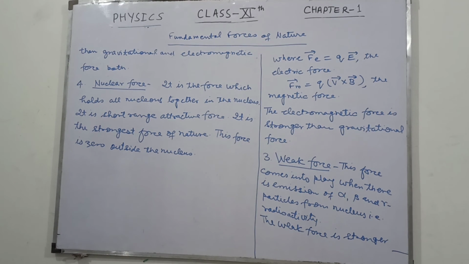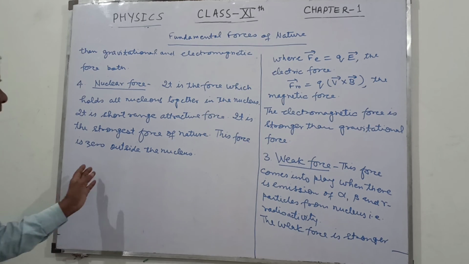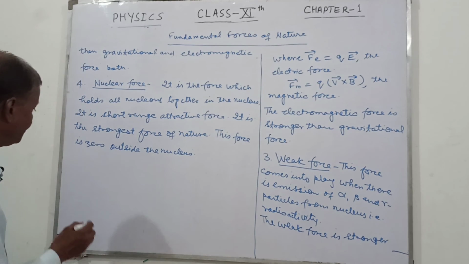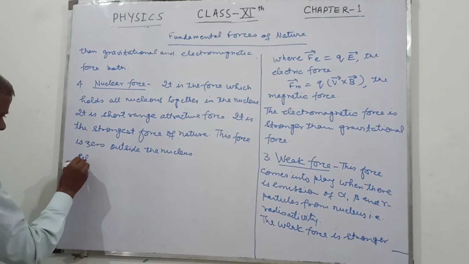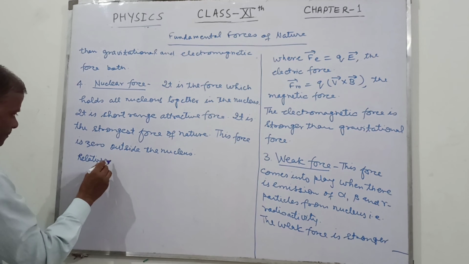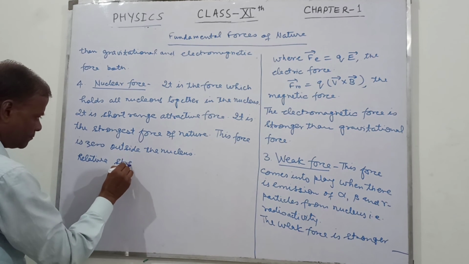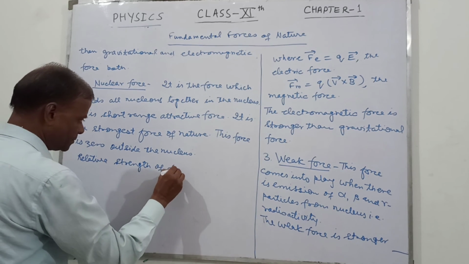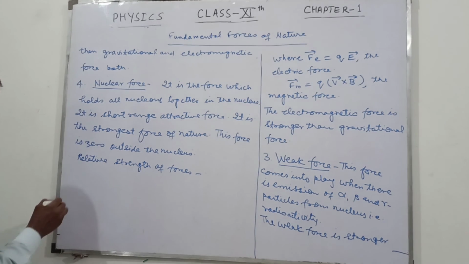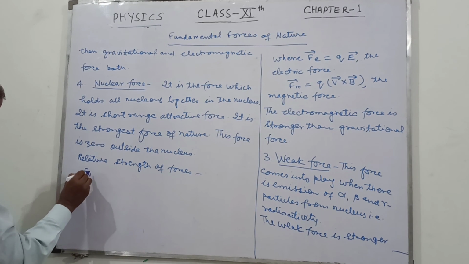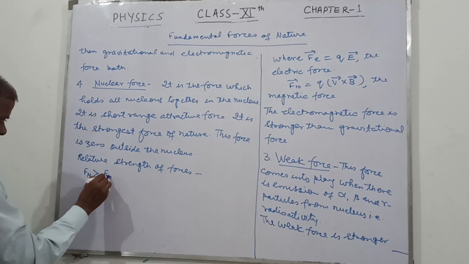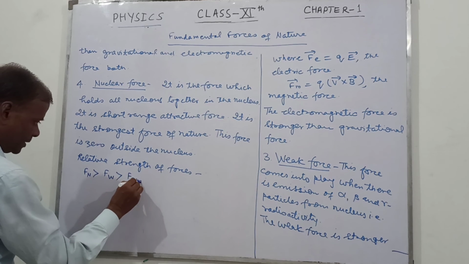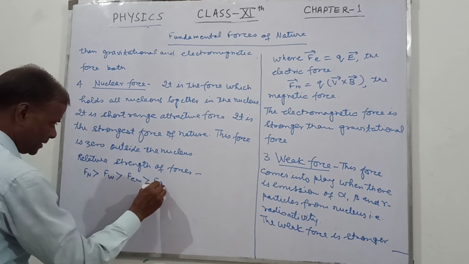Now I am giving you the relative strength of these forces. So Fn stronger than Fw stronger than F electromagnetic stronger than Fg.